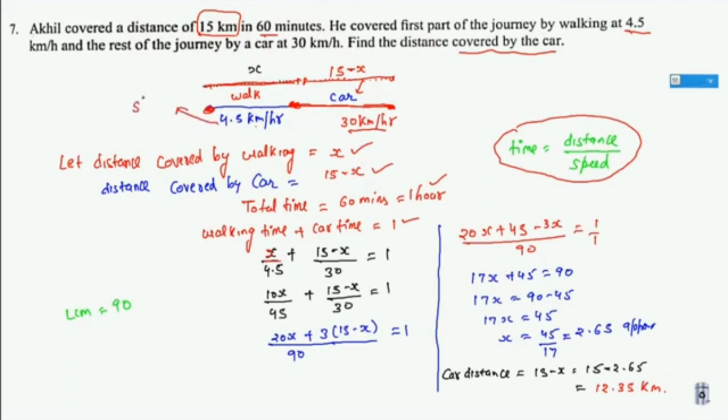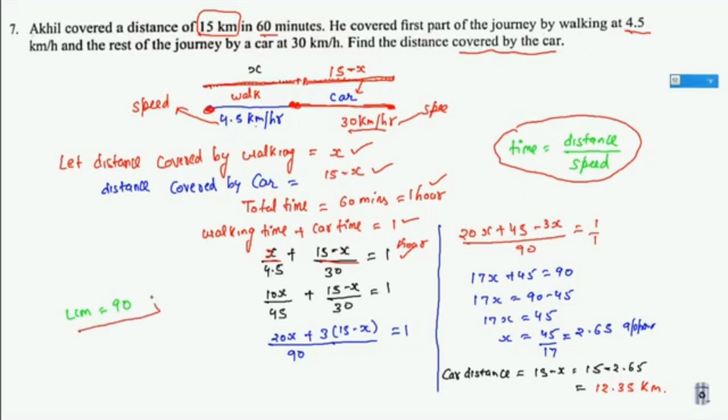We will solve it. We will remove the decimal. 10x by 45 plus 15 minus x by 30 is equal to 1. We will get the LCM of 45 and 30. We get 90.